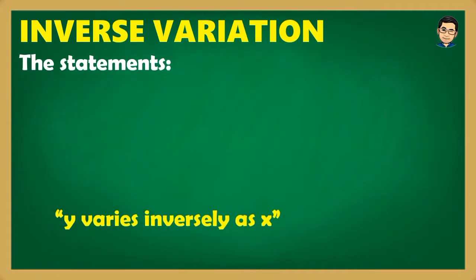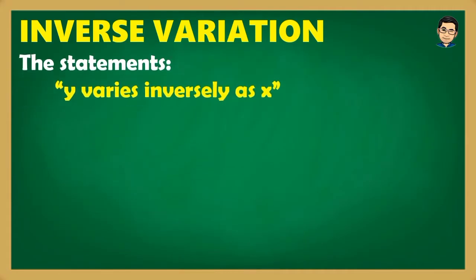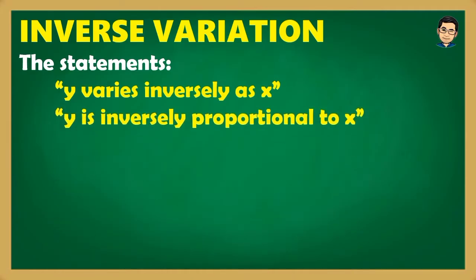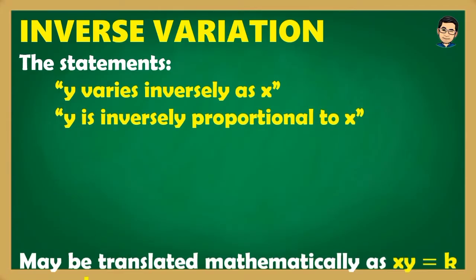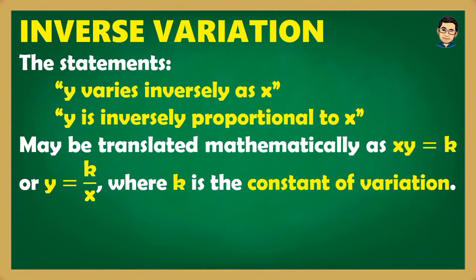So the statements, y varies inversely as x, y is inversely proportional to x, may be translated mathematically as xy is equal to k, or y is equal to k over x, where k is the constant of variation. Like I said earlier, you just simply multiply x and y, and then we get the value of k. The formula for inverse variation is y is equal to k over x.